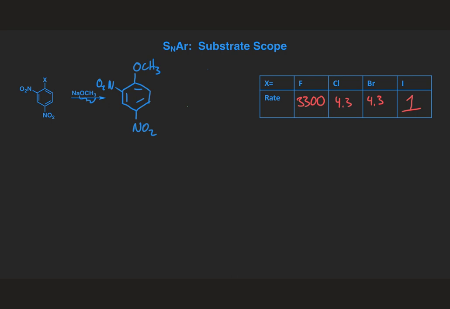And so the fluoride is actually the easiest halide to eliminate, but all of them can undergo SNAr type reactions.